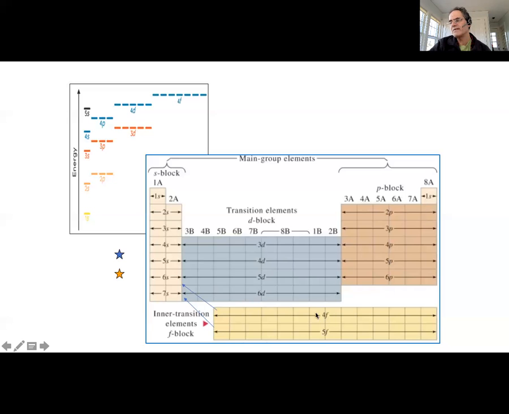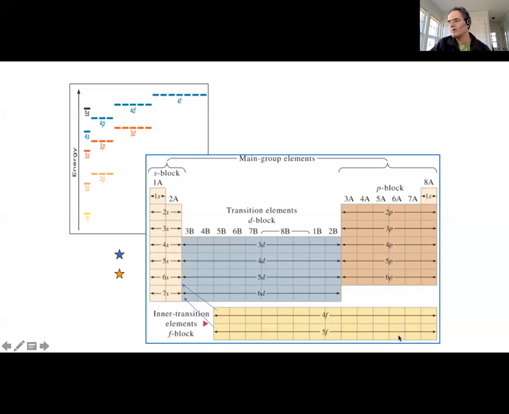The situation is even more accentuated for the rare earth elements, the 4f and 5f metals. In this case, the partially filled shell is in the n equals 4 shell, whereas the n equals 5 and n equals 6 shells are already occupied. So these unoccupied levels are buried deep within the atom, and they're shielded by the electrons in the outer orbitals.